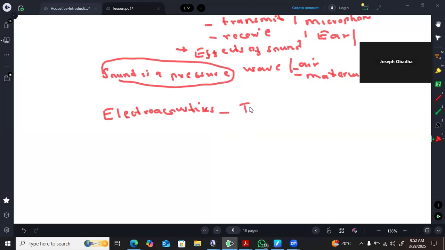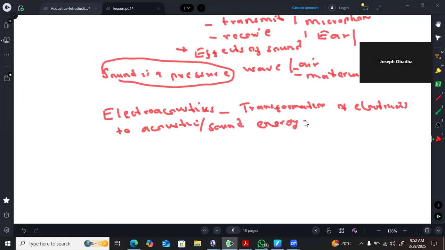That is, transformation of electrical energy to acoustic energy, which is basically sound energy, and vice versa.